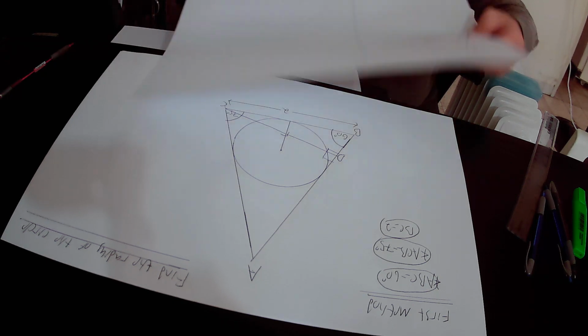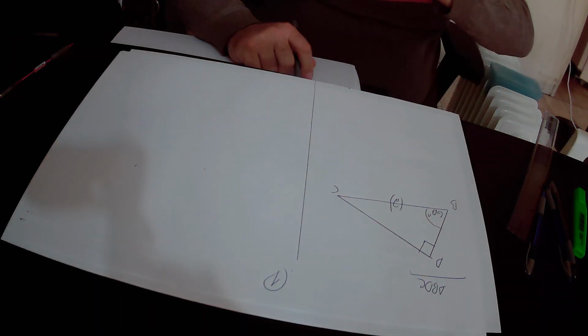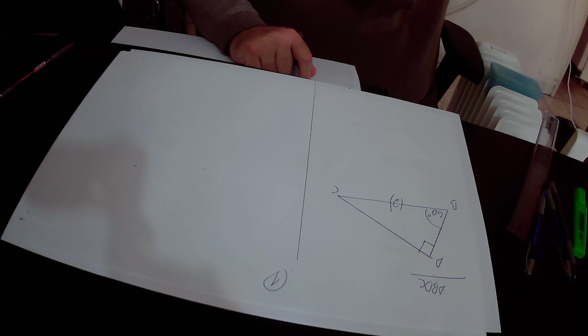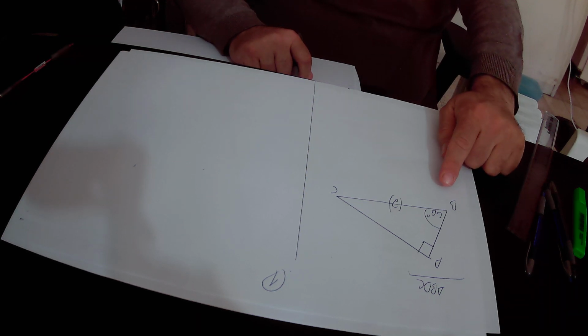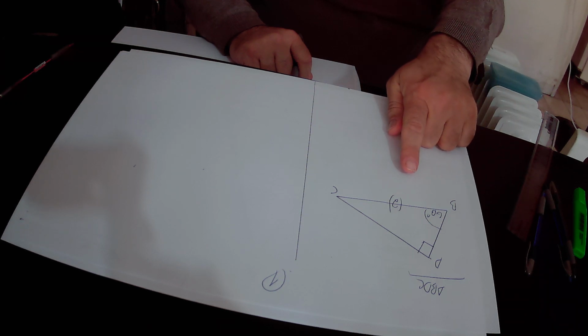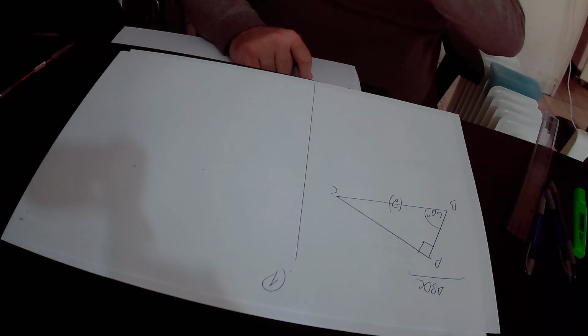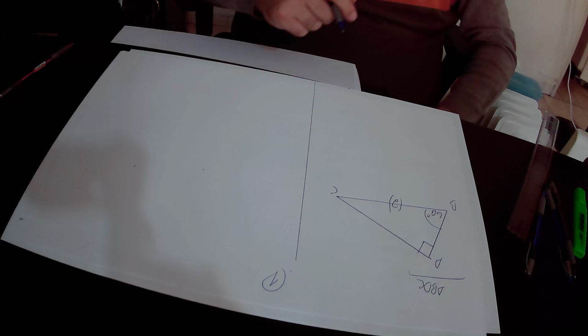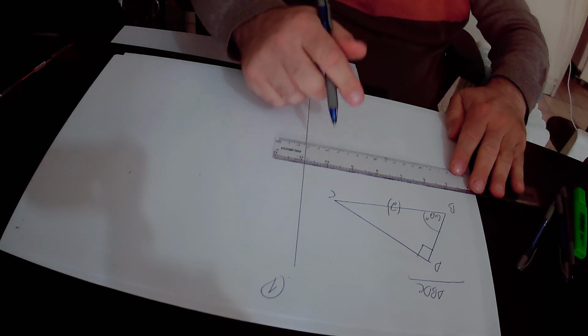So actually, this is the right triangle BDC that I copied from the original drawing. Angle DBC equals 60 degrees, and side BC equals 2 units according to what is given in the question.